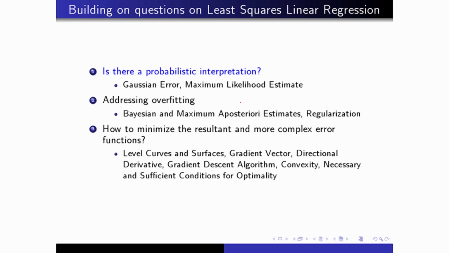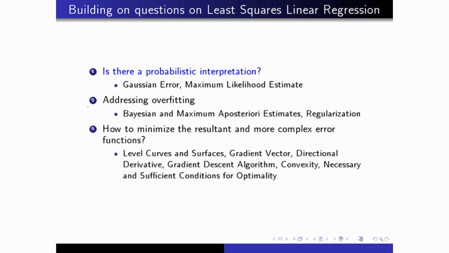Now, is there a probabilistic interpretation to linear regression? That will help us introduce the concept of a Gaussian error and also introduce maximum likelihood, which is an estimation process that will be useful for several other models that we will discuss in the course.